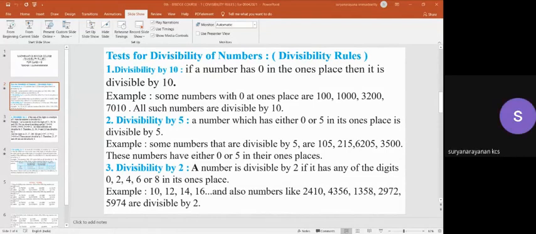Sir, because in 723, 3 is the last number. What should be there? 0 is not there. That is why that number is not divisible by 10. Okay, my dear children.